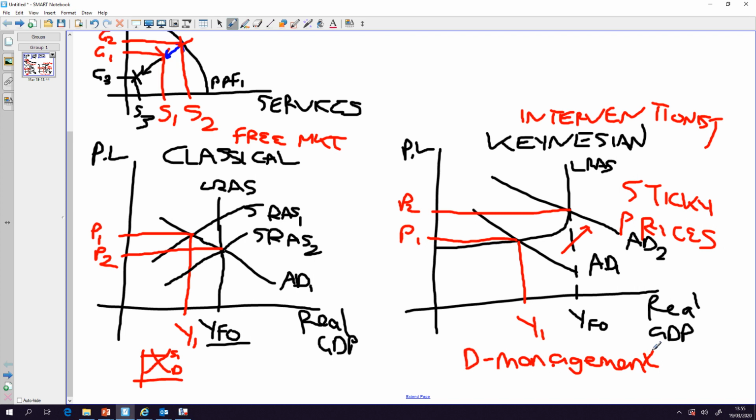But also, if you were to lower interest rates, you're encouraging more borrowing, which would also raise aggregate demand across the economy. So overall, everyone, think about a classical economist as one that would leave the free market to fix spare capacity in the economy. A Keynesian economist would advocate intervention to tackle things like sticky prices in markets.